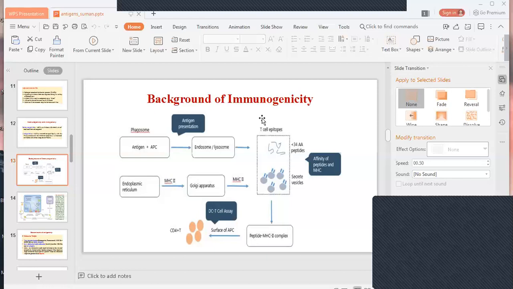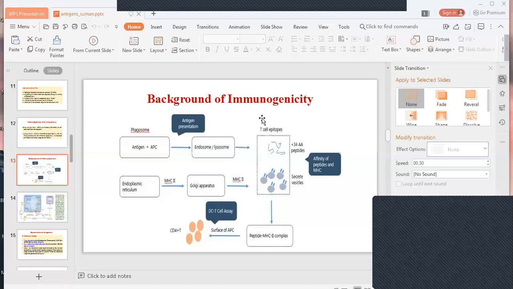Following the intake of antigens, the next step, MHC class 2, major histocompatibility class 2 molecule, is synthesized in the endoplasmic reticulum and then transported to the Golgi apparatus to combine with the antigenic peptides to form a peptide-MHC class 2 complex.